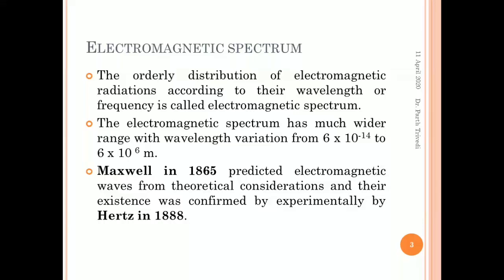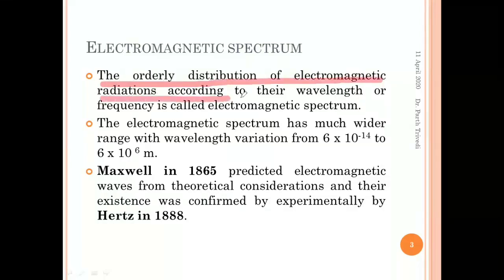To be precise with the definition, what is the electromagnetic spectrum? The orderly distribution of electromagnetic radiations according to their wavelength and frequency is called the electromagnetic spectrum. This is a very important definition.